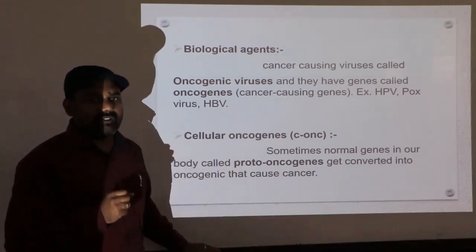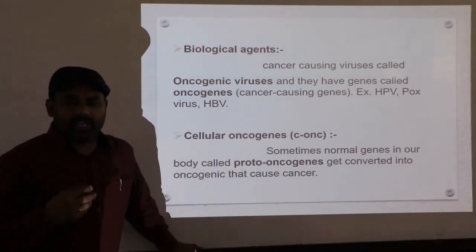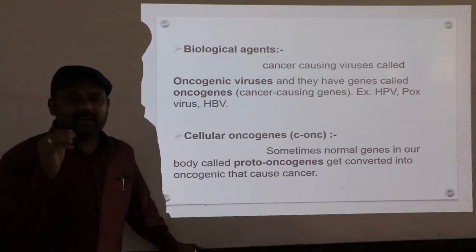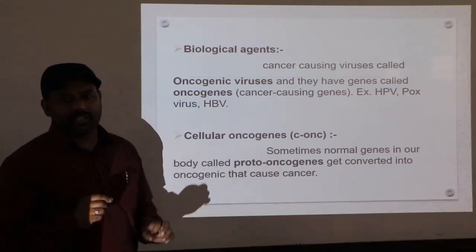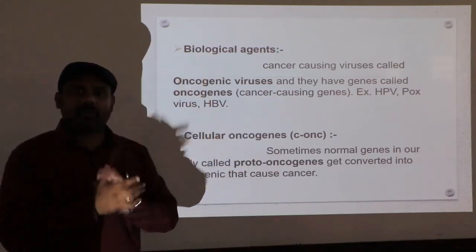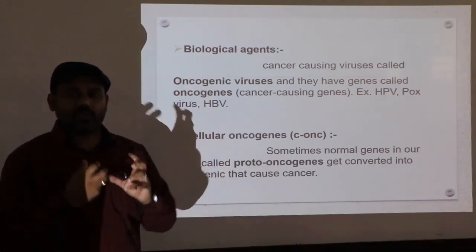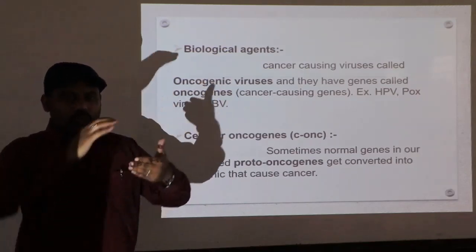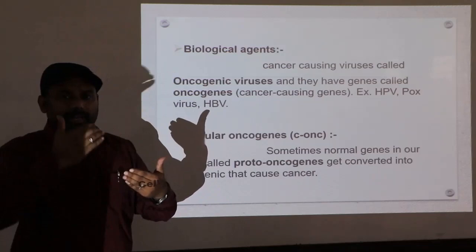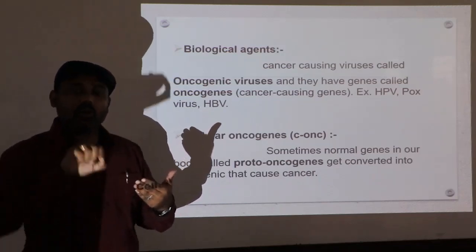Clear? What I'm trying to tell you is that in our body, some of the cells contain normal genes called proto-oncogenes. Those genes are usually normal. But when we are exposed to some carcinogenic agents, those normal genes are converted into oncogenic genes.